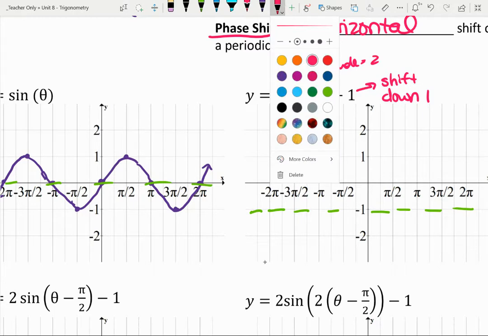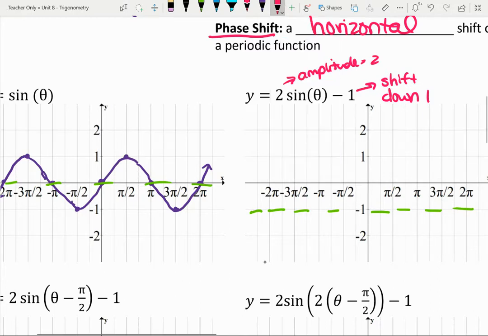So if I think about the starting point 0, 0 has been shifted down just to 0, -1, I can plot that point. But then if I know that on my parent graph it will go up to its maximum of 1, here, since my amplitude is 2, instead of going up to a maximum that has an amplitude of 1, it'll go up to a maximum that has an amplitude of 2.